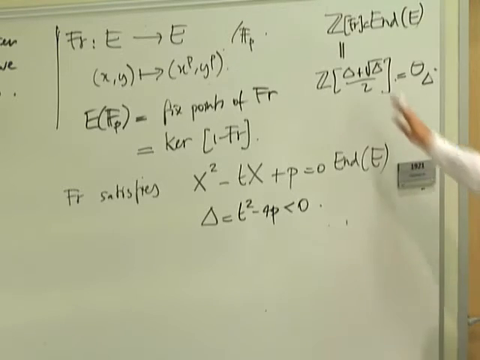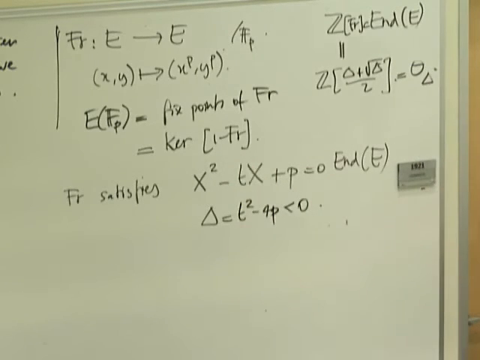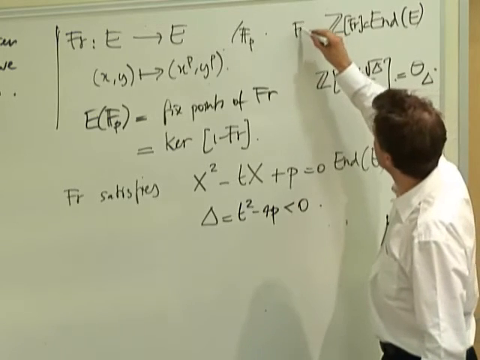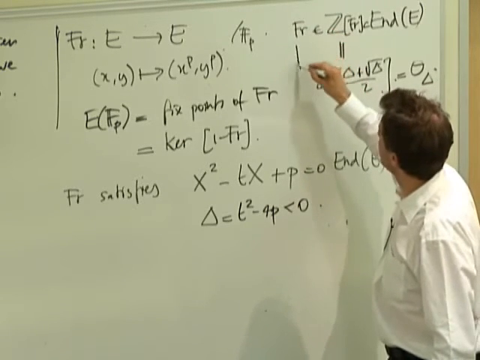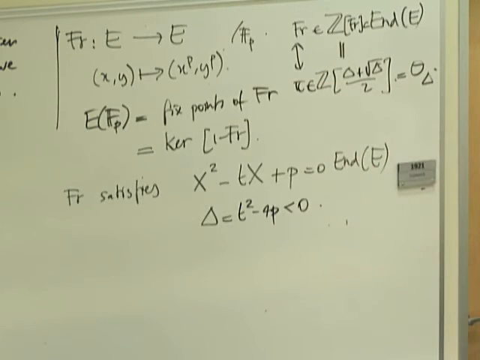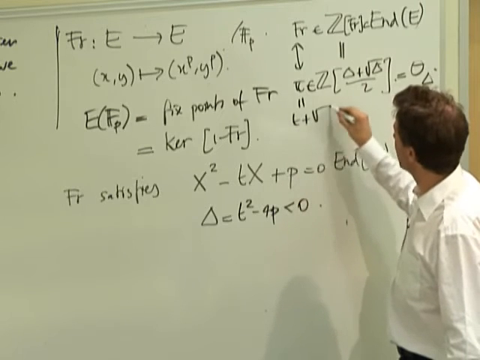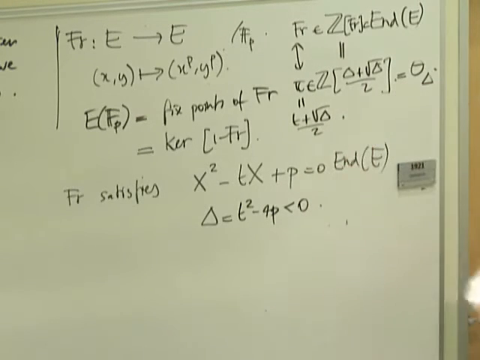And knowing what Frobenius generates is exactly what you need to know, since if you want to look at the kernel of 1 minus Frobenius, the Frobenius in here will correspond to an element in this quadratic order that people call pi. That's the associated Weil number. It's the 0 of this polynomial, so that's (t plus square root delta) over 2.